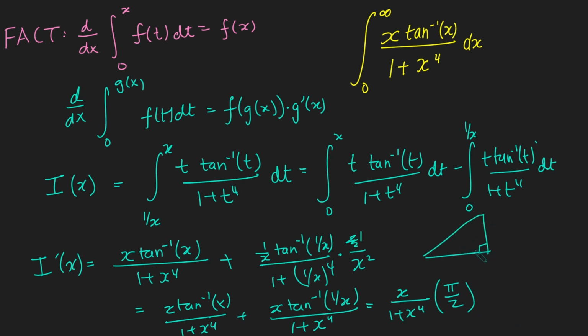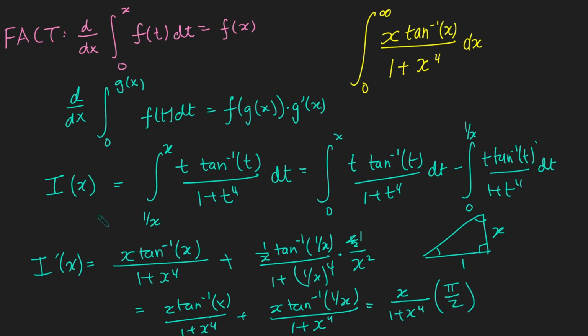If you call this side length, say, x, and this side length 1, this angle here would be inverse tan x, and this angle up here would be inverse tan of 1 over x. And therefore, those two angles add up to 90 degrees, or pi over 2. And so what have we done here? We've shown that this derivative, this I prime of x, is equal to x divided by 1 plus x to the 4 times this constant pi over 2.